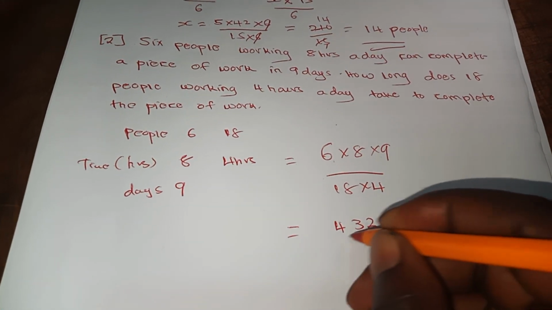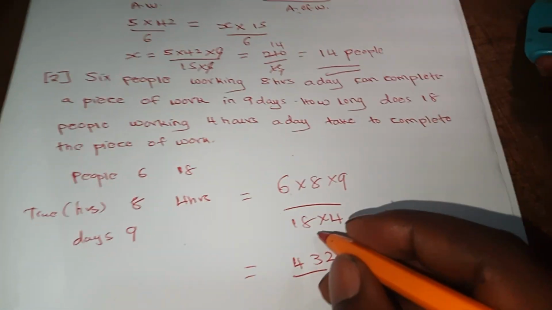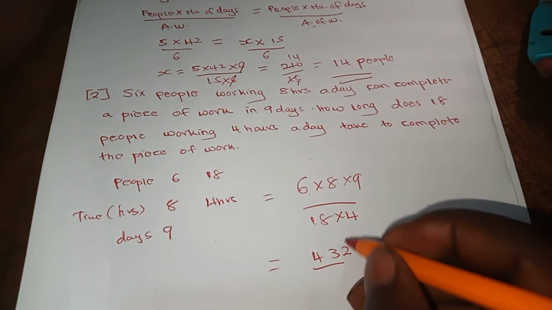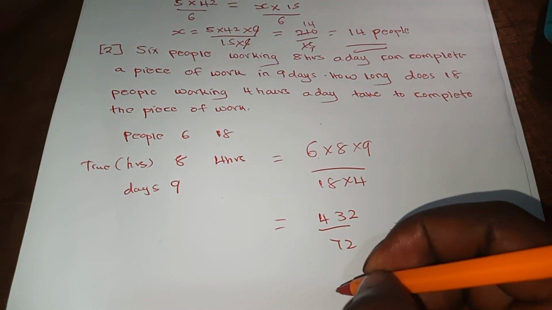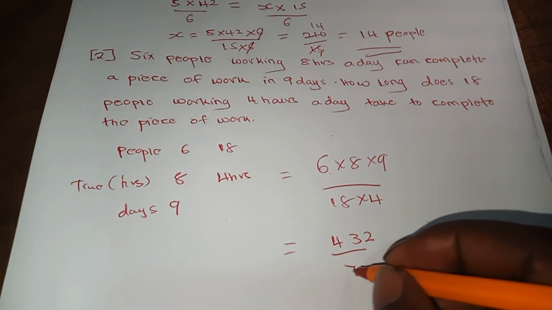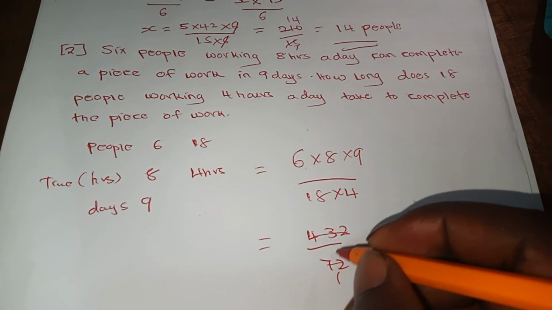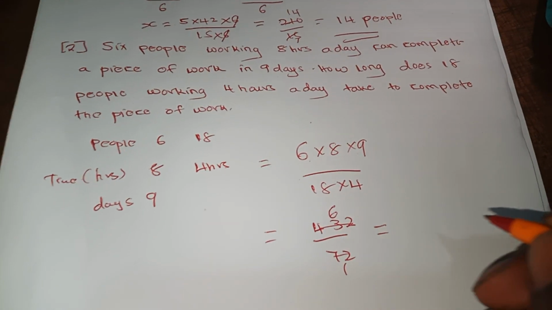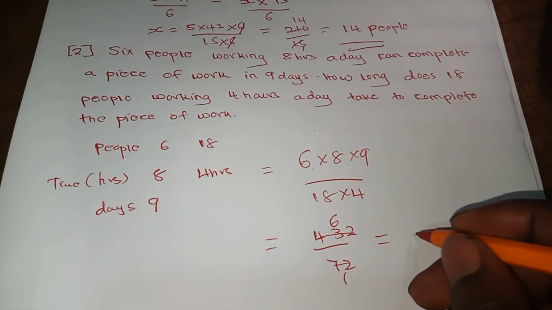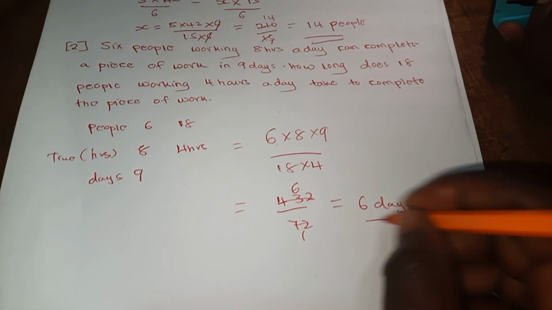And then 18 times 4 is 72. So if I divide through, 72 goes into 432 six times. So I'm going to have 6 days to complete that work.